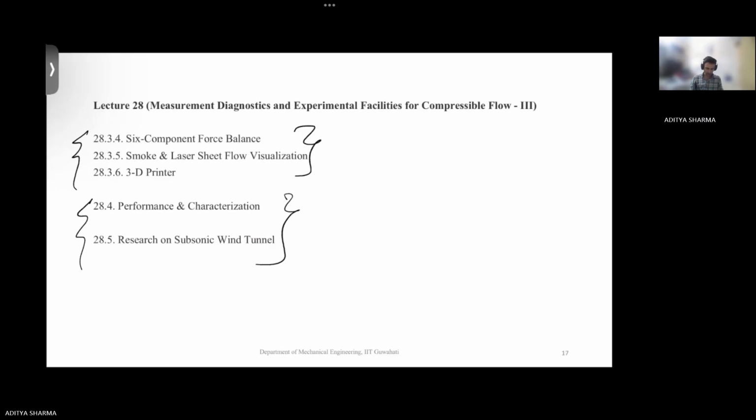Then the six component force balance. What does this do? First of all, we have forces in three directions, and then three moments. So three forces and three moments, this six component force balance can give.